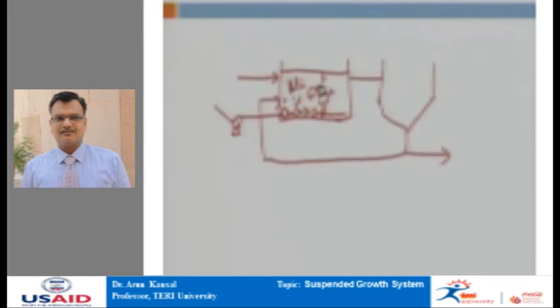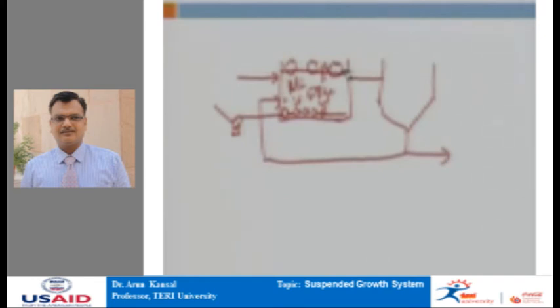Or many a time we use mechanical aerators, most of which are surface aerators, which are mounted on the surface and rotate at a very high speed, creating turbulence of the water, which helps in the mixing as well as aeration of the mixed liquor.